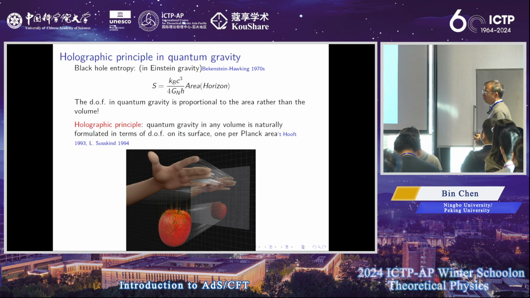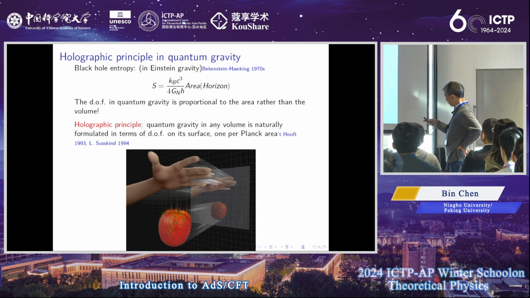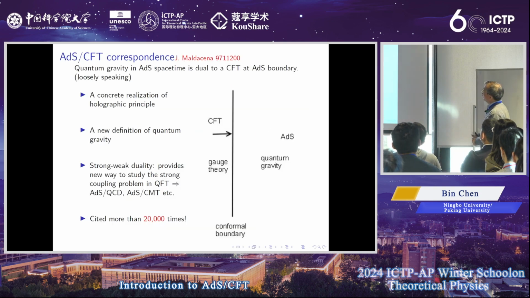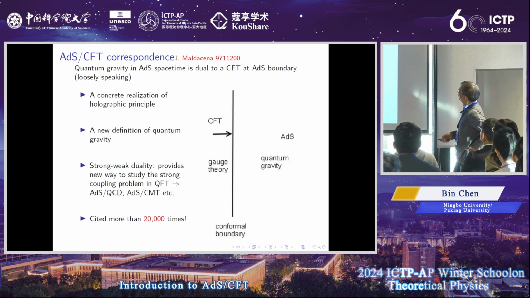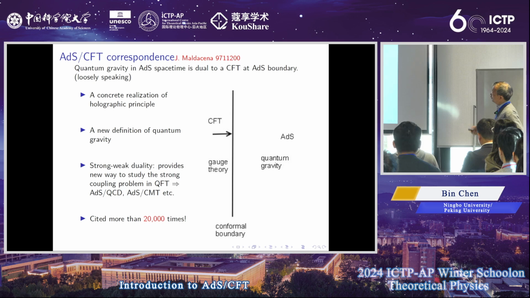It's a guiding principle, not a precise statement, and to realize this holographic principle is not so easy. At the end of 1997, Juan Maldacena proposed the AdS/CFT correspondence.